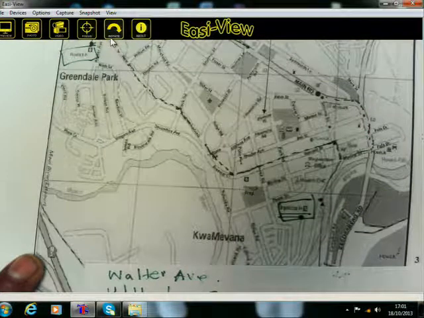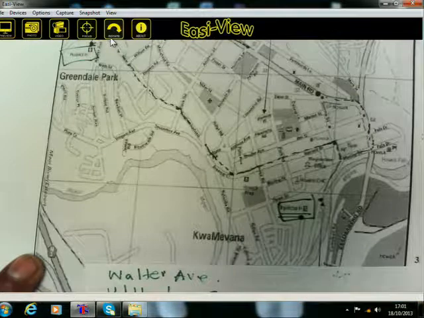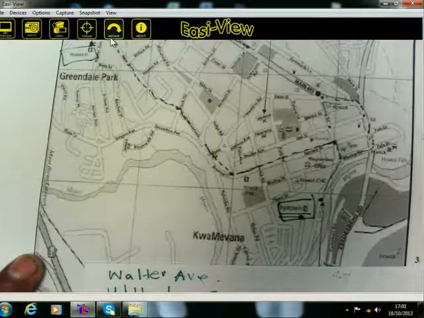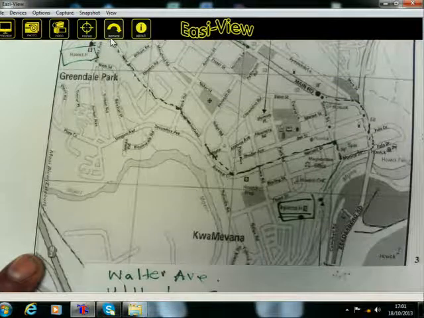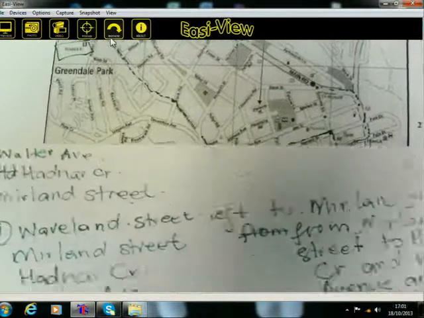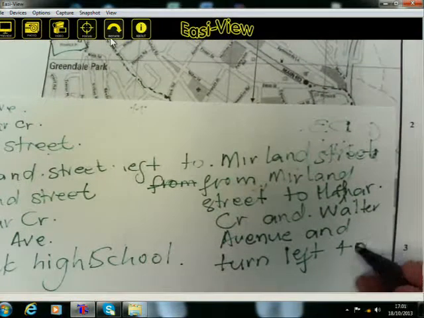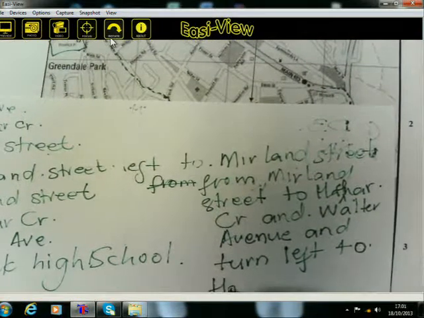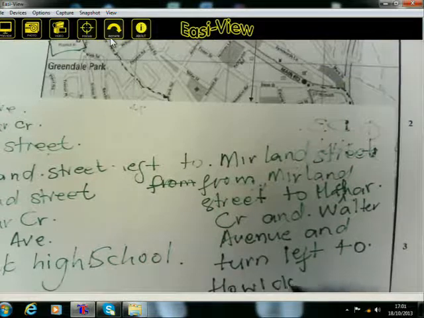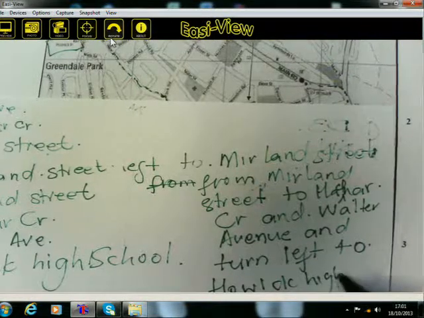And you turn left to Howick High School.